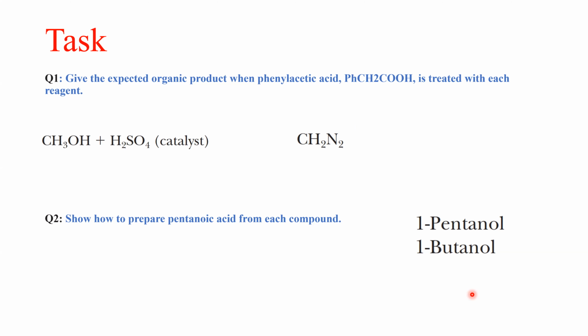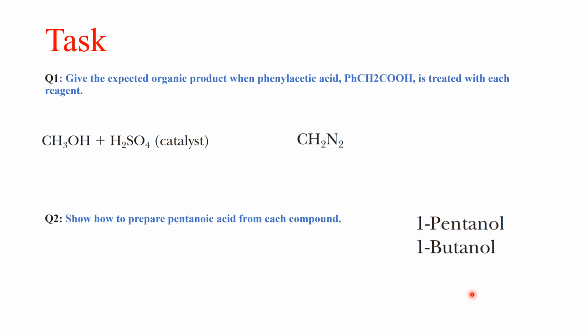Now the second question is: show how to prepare pentanoic acid from each compound. I have given you two alcohols, one is 1-pentanol and the other is 1-butanol. Your product, I have already told you, will be pentanoic acid, right?